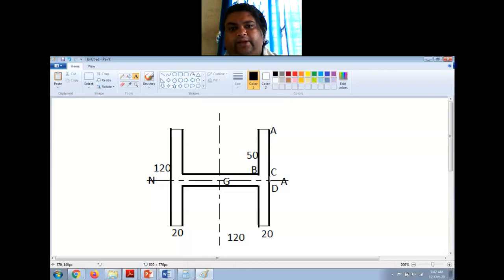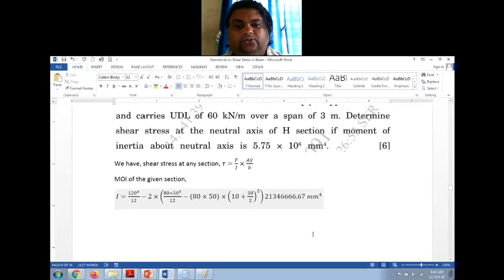So if I find at these points, then below the neutral axis, it will be same. So shear stress at A is equal to 0.